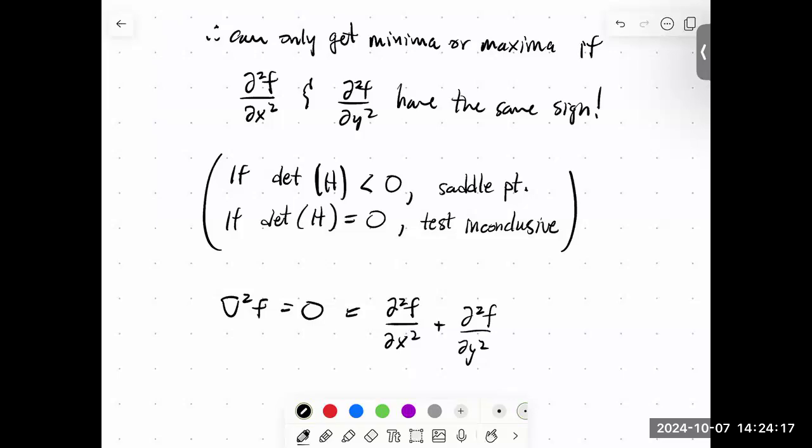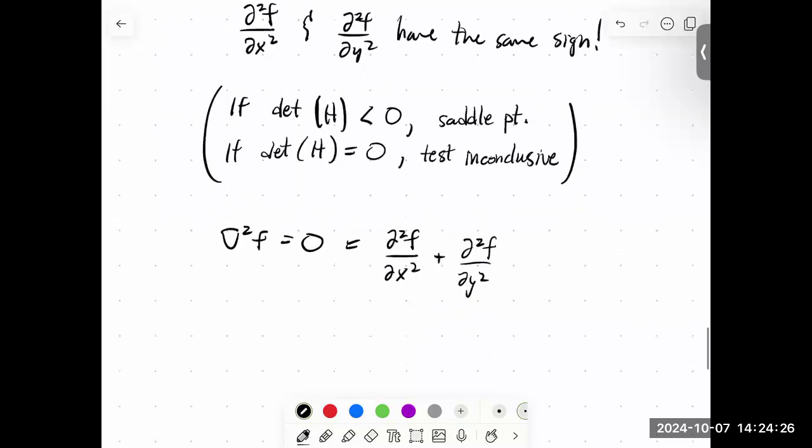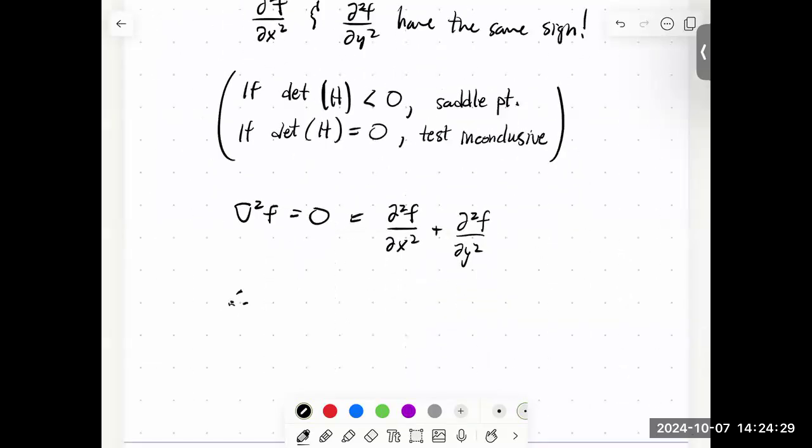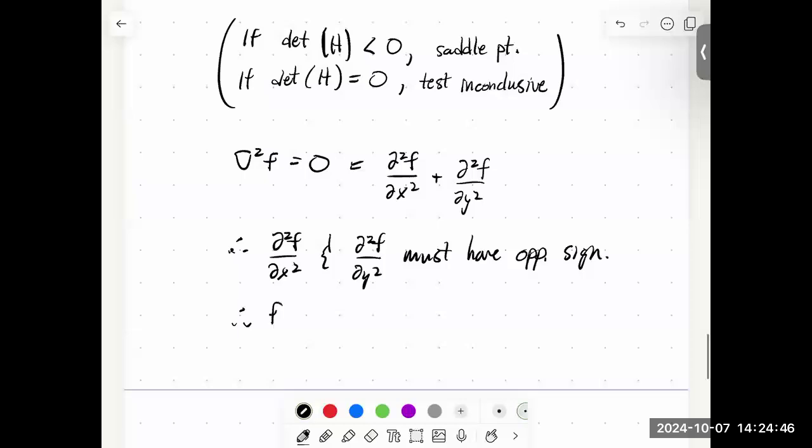Then these have to have opposite sign, and therefore we could never get a determinant that is positive. So therefore, d2f dx2 and d2f dy2 must have opposite sign. Therefore, f cannot have extrema.